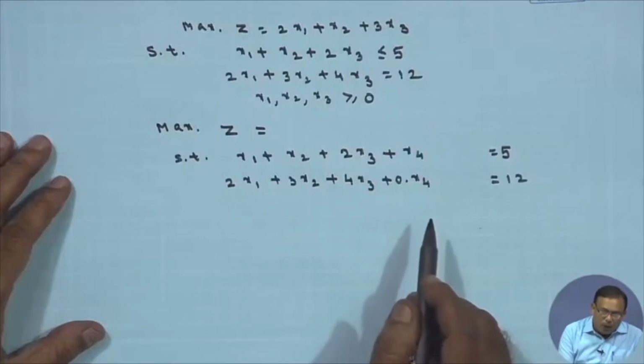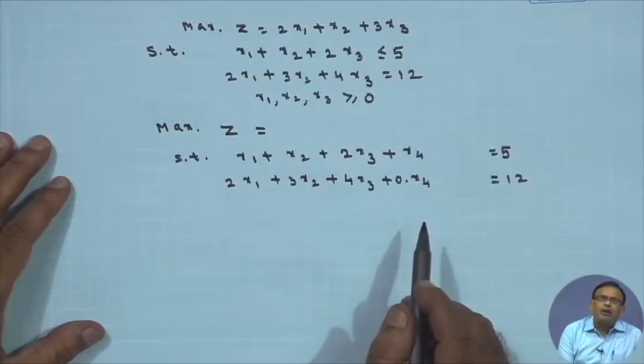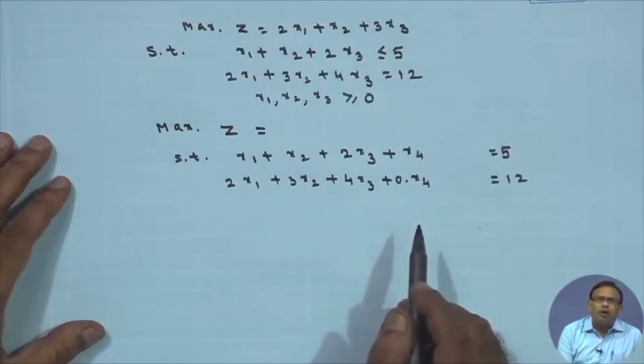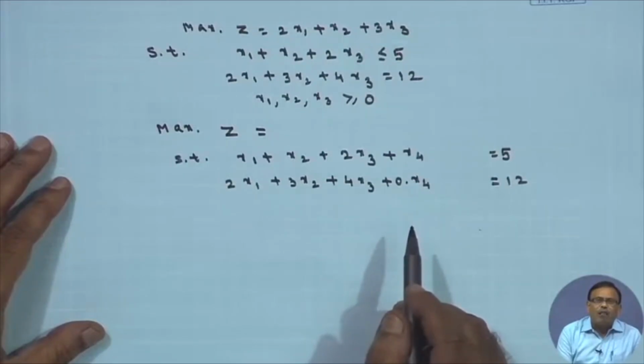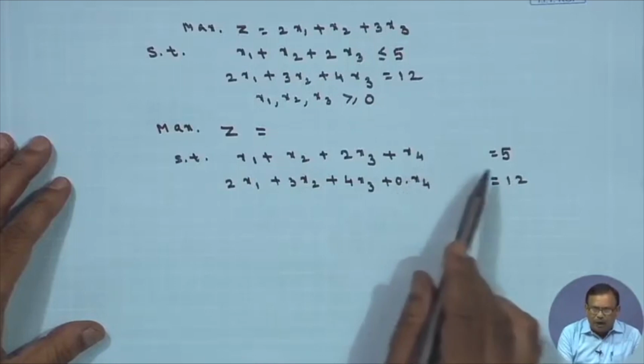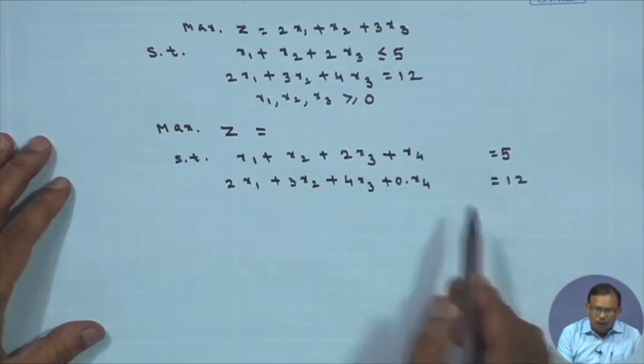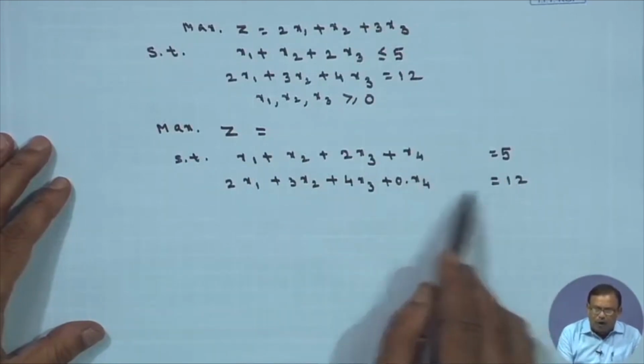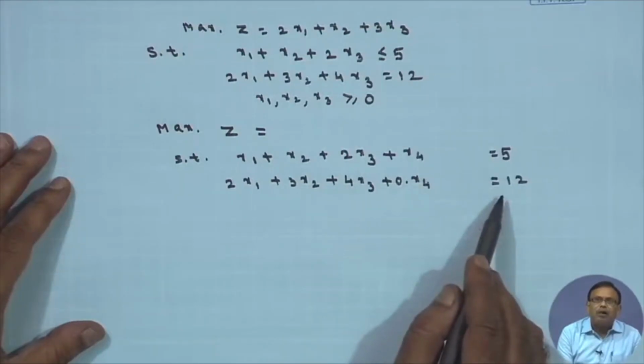As you know, to obtain the initial basic feasible solution, I have to make the original decision variables equal to 0, that is x1 equals 0, x2 equals 0 and x3 equals 0. Once I make x1, x2, x3 equal 0, I get x4 equals 5 here, but from here I am not obtaining any independent variable.